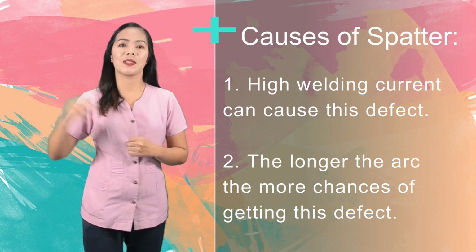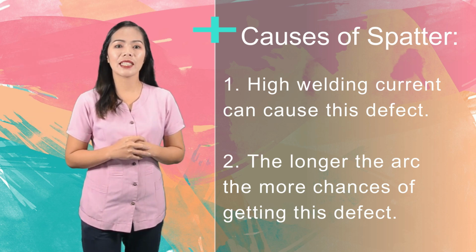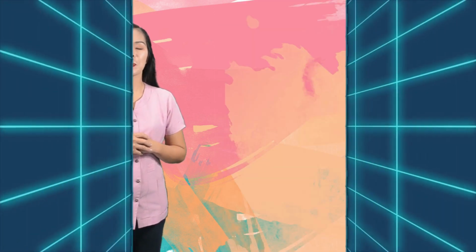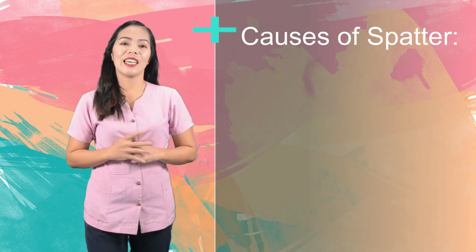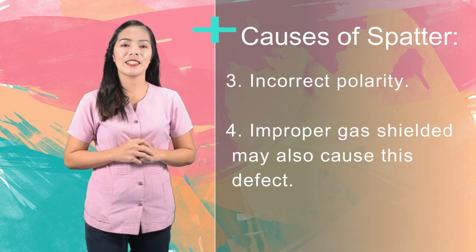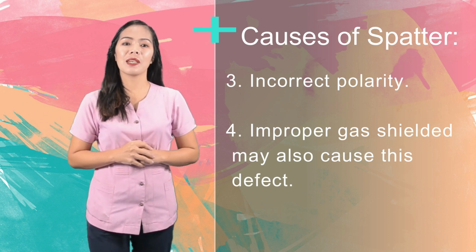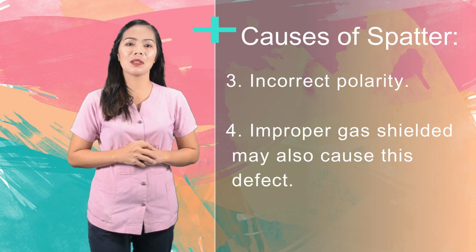Number 2. The longer the arc, the more chances of getting this defect. Number 3. Incorrect polarity. Number 4. Improper gas shielding may also cause this defect.